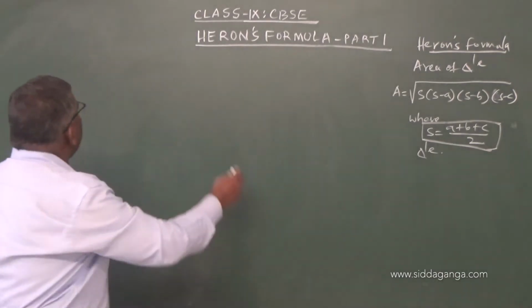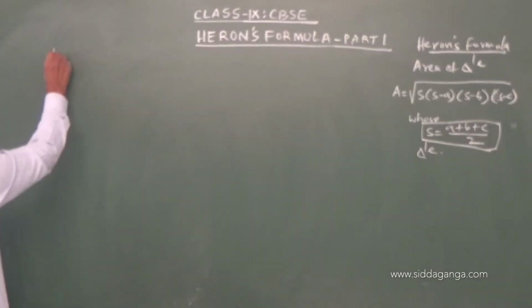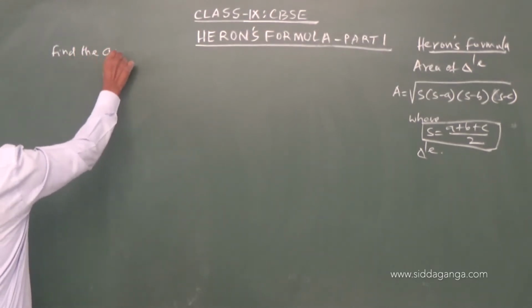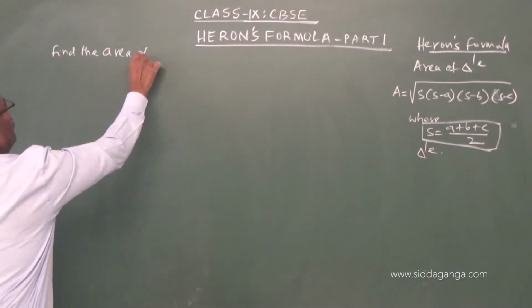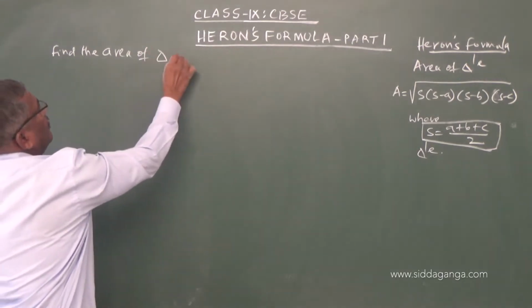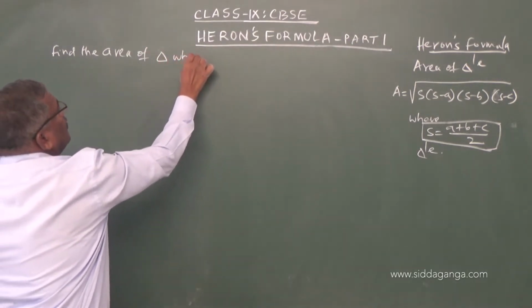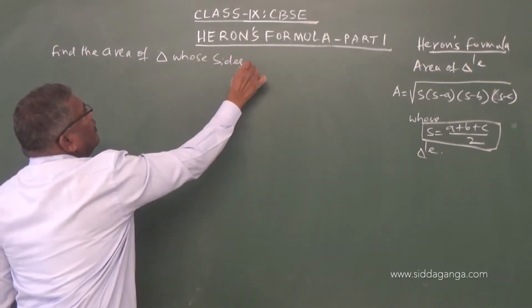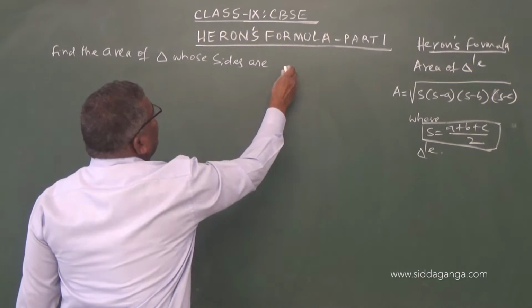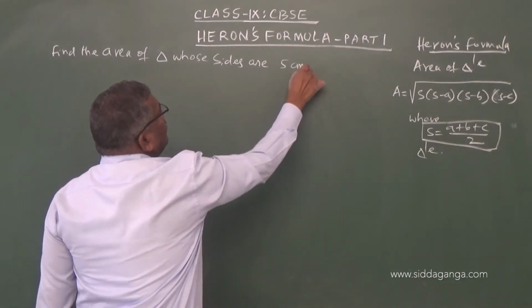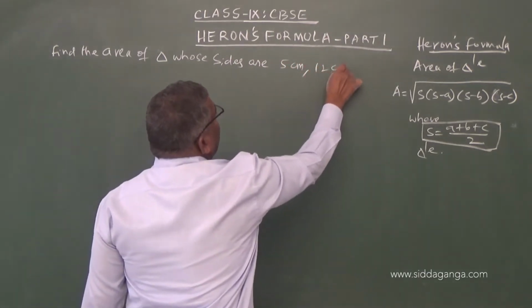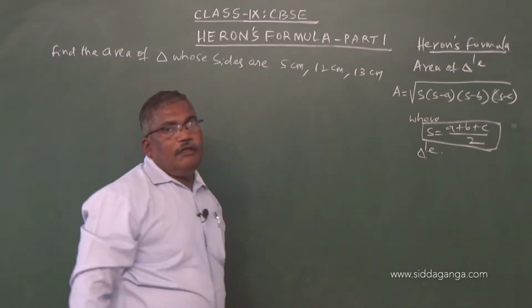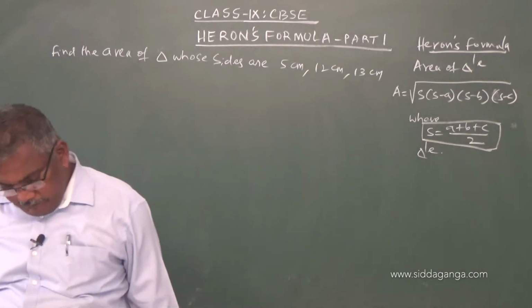Now let us find the area of a triangle whose sides are 5 centimeter, 12 centimeter, 13 centimeter.